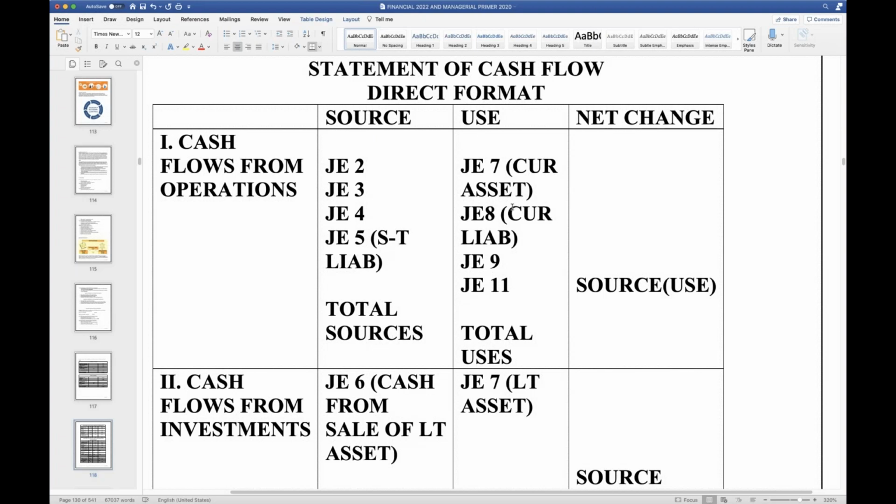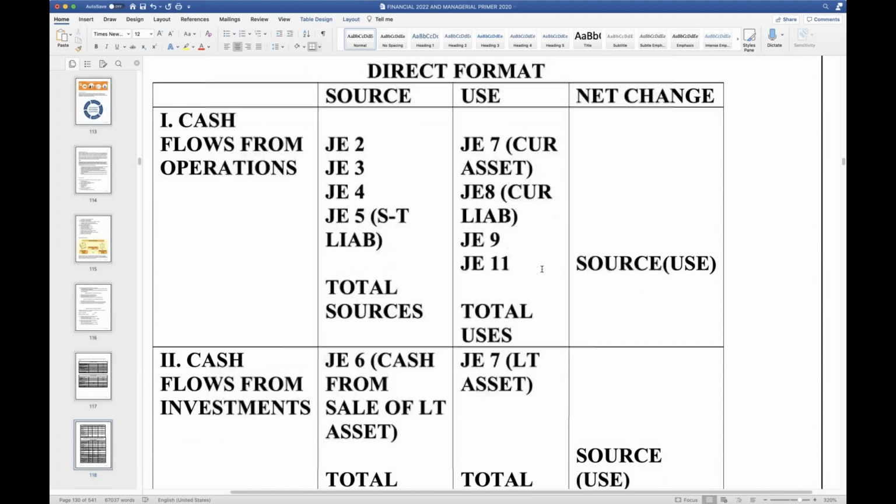If it's 7 through 11, it's a use. And so this shows, if you have a transaction, where the amount of that transaction goes so that we can prepare the statement of cash flow. And as long as we just have a few cash transactions, we can utilize this method.